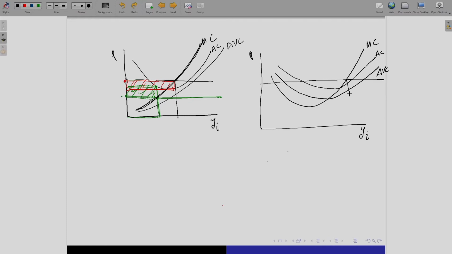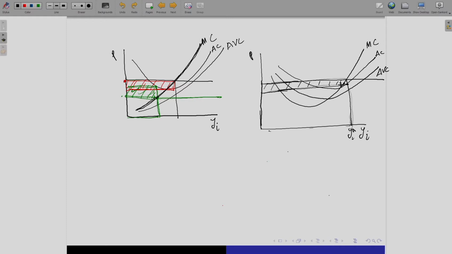From the optimality condition we know this is the optimal amount of output at this price. So average cost is here, this rectangle gives me the total cost, and this rectangle gives me the total revenue. So the profit is this box, right?